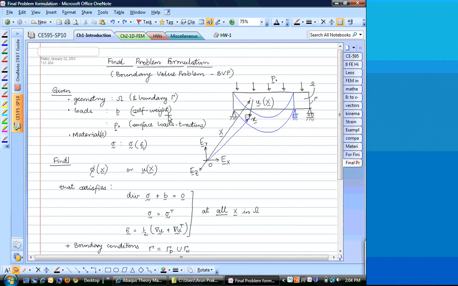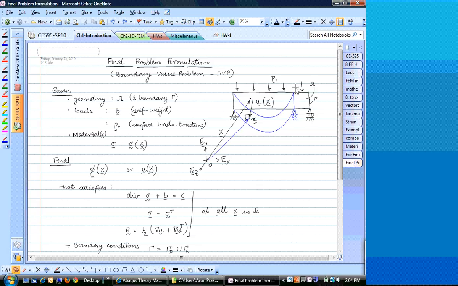So that can be something like a self weight, or if your material is metallic and if you apply some magnet, that is also force that is acting per unit volume. And these kinds of things sometimes happen in electromechanical devices.